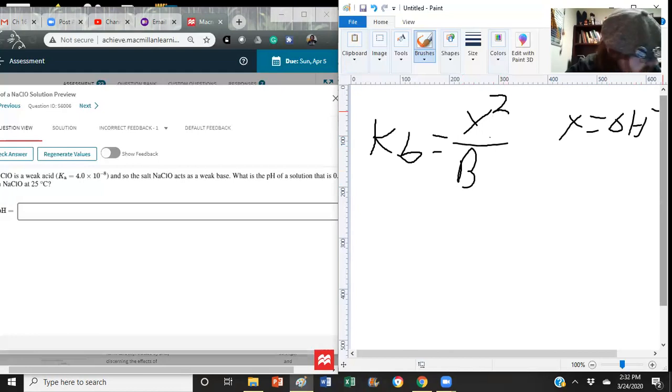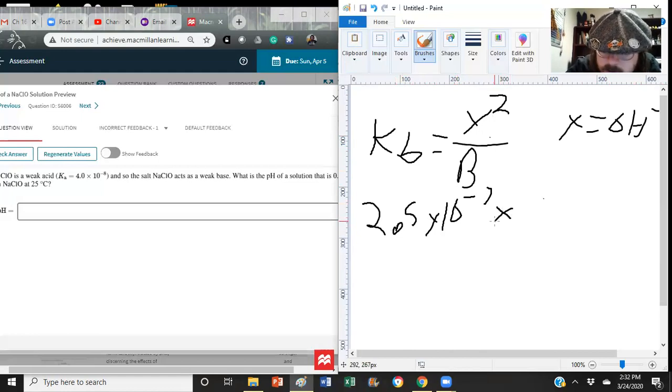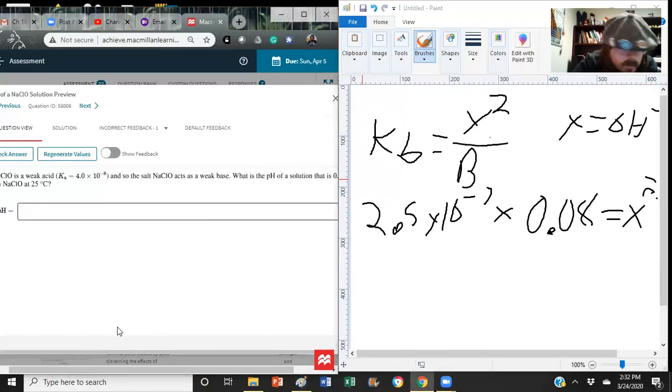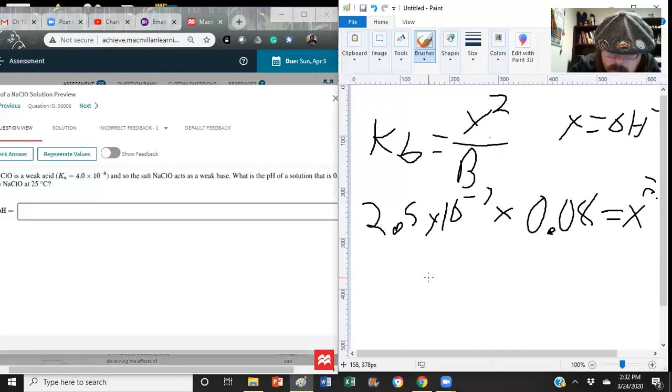So our Kb, which we determined was 2.5 times 10 to the negative 7th, times our base, 0.08, equals x squared. Multiplying those two numbers together, we get 2 times 10 to the negative 8th equals x squared.